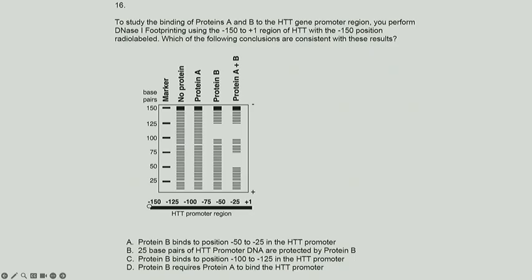If you really want to flip it visually, you would flip this promoter vertically. If you wanted to align the promoter with the gel itself, you would draw it like this, where this is the minus 150 and this is the plus 1.